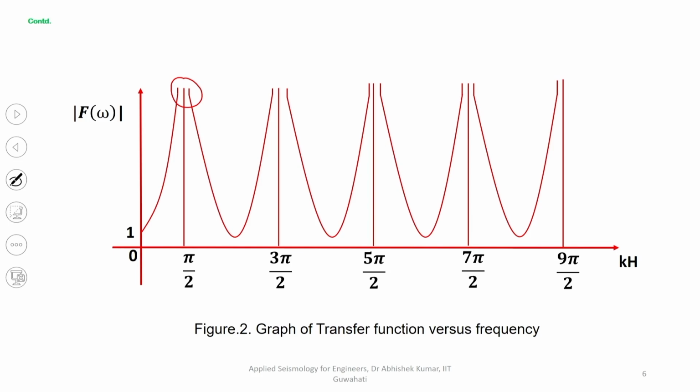That means, at the omega corresponding to the value where k h equals pi by 2, your system is experiencing resonance, and this characteristic of resonance is getting repeated at every pi interval. So, I can say here any value of n pi plus pi by 2 is getting repeated.